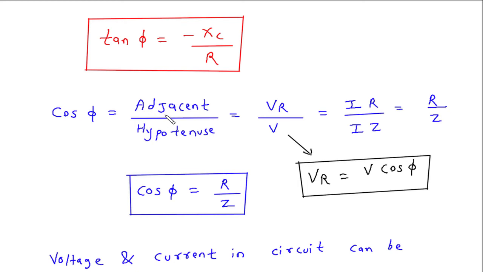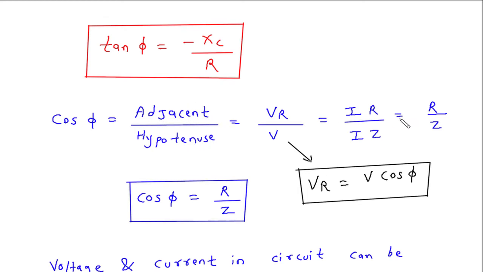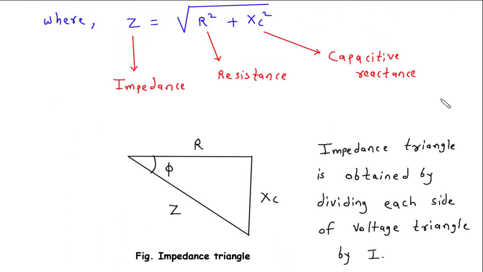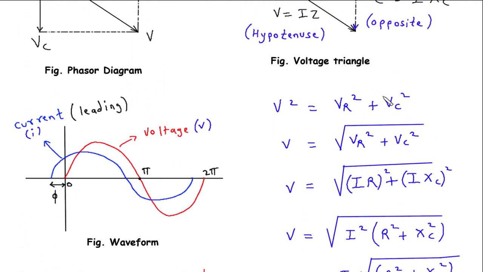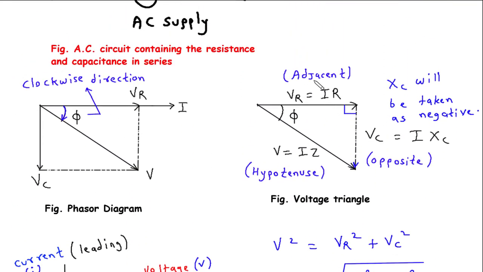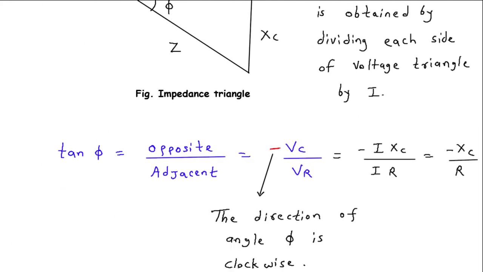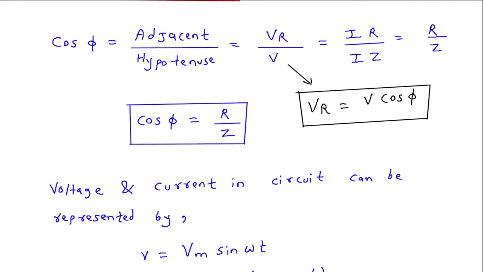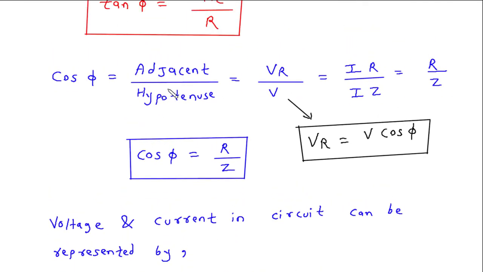Now cos phi is equal to adjacent side upon hypotenuse. Here we can see that the adjacent side is VR, divided by the hypotenuse, which is the applied voltage V. So VR is equal to I into R and V is equal to I into Z. This I and this I will get cancelled.